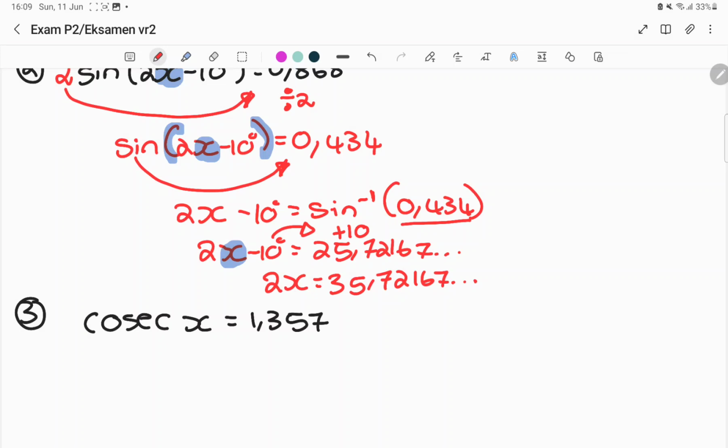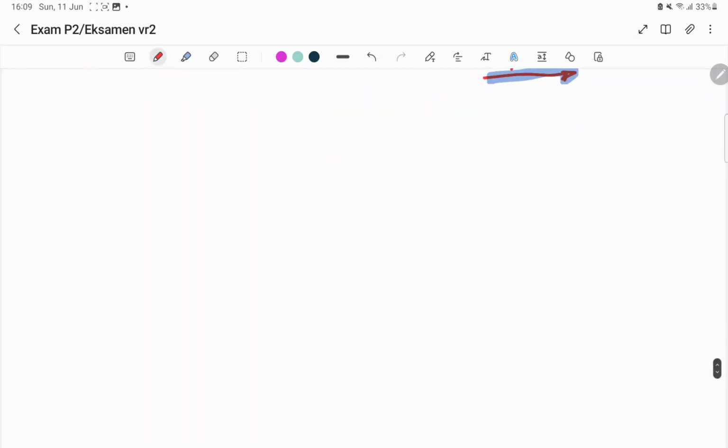Alright, and then to get rid of a 2, I have to divide both sides by 2. So x is actually equal to 17,86 if I round it off correctly. Alright, so this one isn't so difficult either. Now let's have a look at the last question.